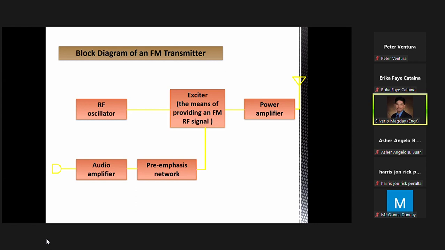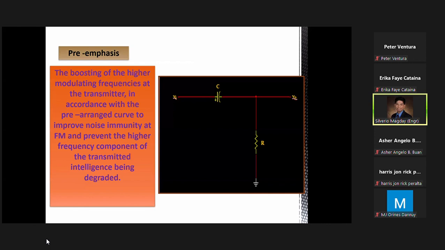The modulated output is then power amplified using a power amplifier, and fed into the transmitting antenna for transmission. This is the equivalent circuit for a pre-emphasis circuit, or the pre-emphasis part of the block diagram of the FM transmitter.